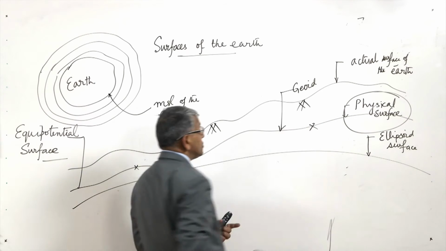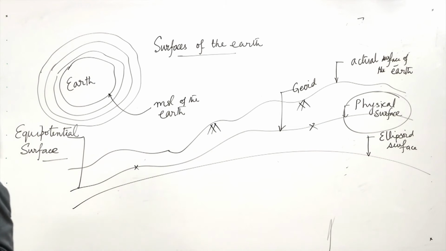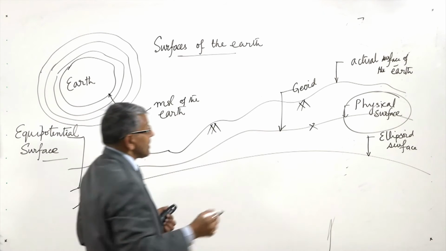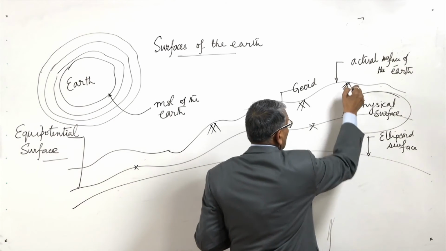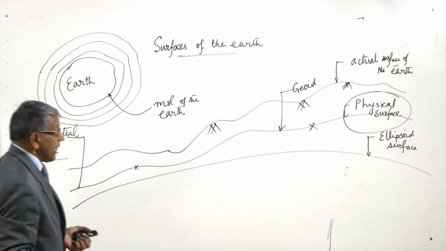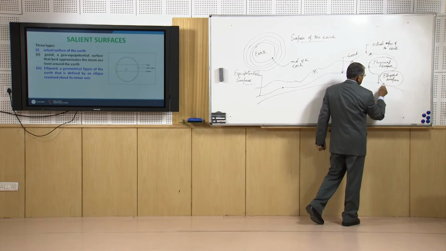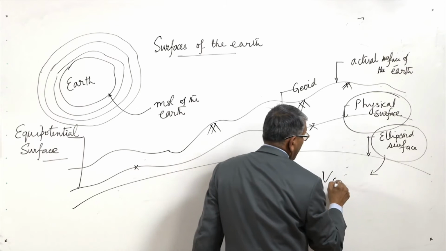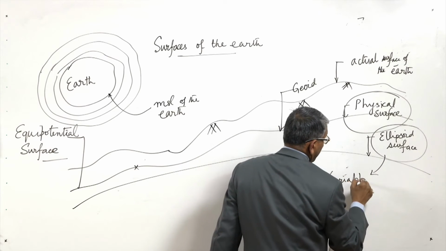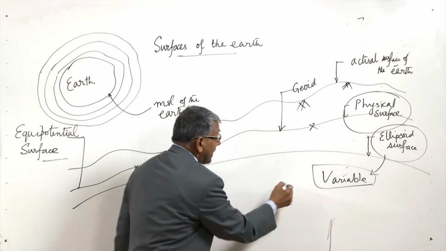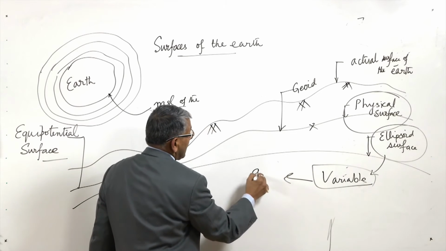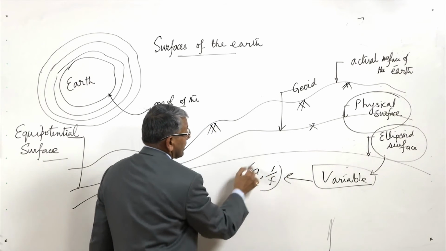So the geoid is considered as the reference physical surface, and this is the actual surface of the earth, whatever is available. The ellipsoid surface is a variable, because it will depend upon the value of A and 1 by f.